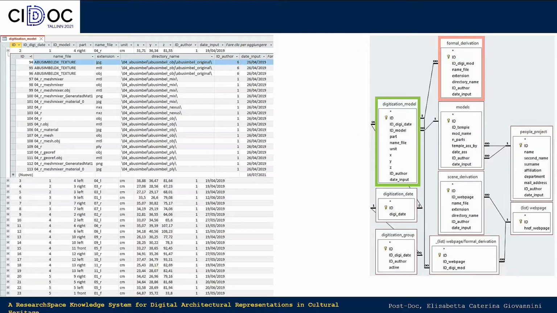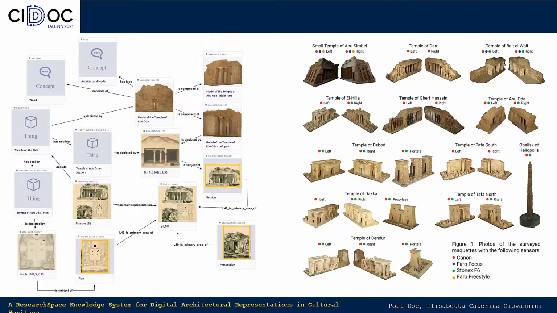After the digital acquisition, there are so many processes that start from the original data to the final output. And in this case, we see which are the products of the digitization processes. So each model was composed by 2 or 3 parts, and we can make the relationship between planche, original drawing, and the maquette and its digital acquisition.